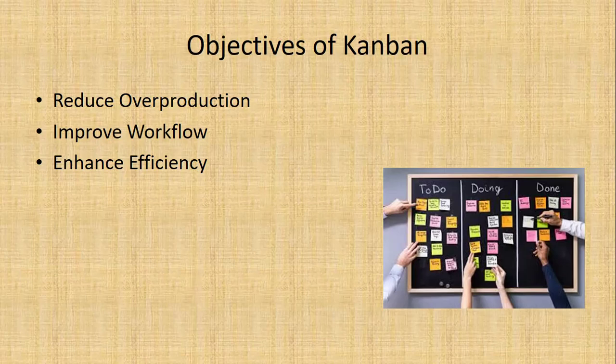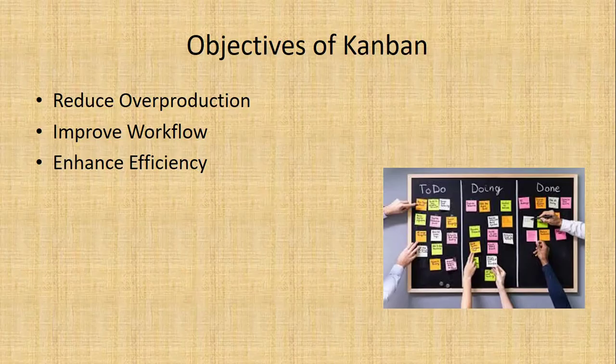Another important objective is to improve process efficiency by identifying bottlenecks and delays in the workflow. Kanban helps organize and streamline operations and cycle time. Kanban also aims to enhance team collaboration and communication. Since all tasks are visible on the board, team members can easily coordinate, share updates, and work together effectively.